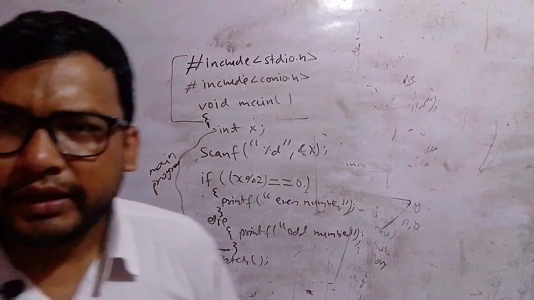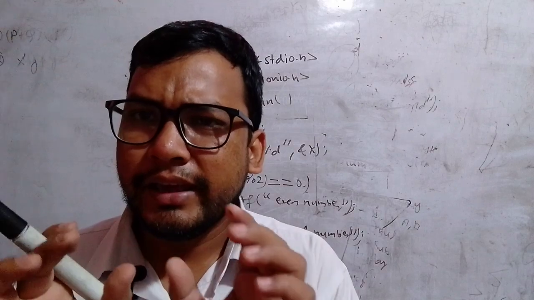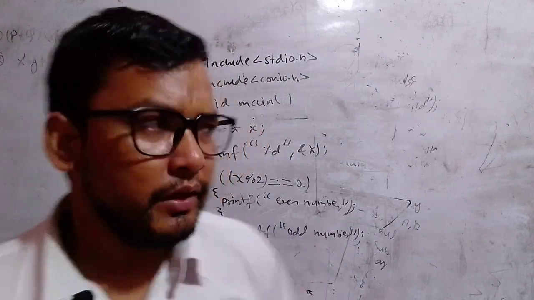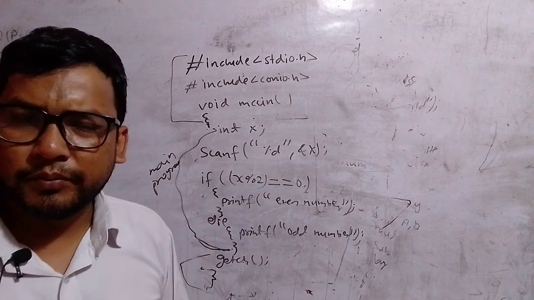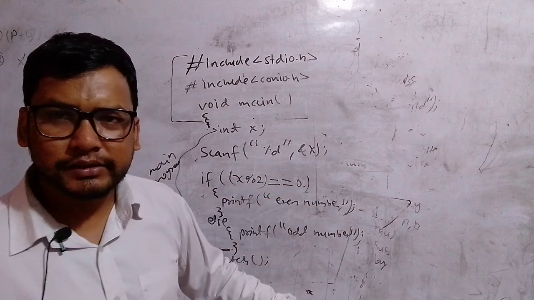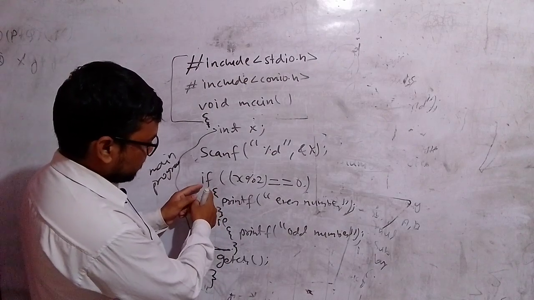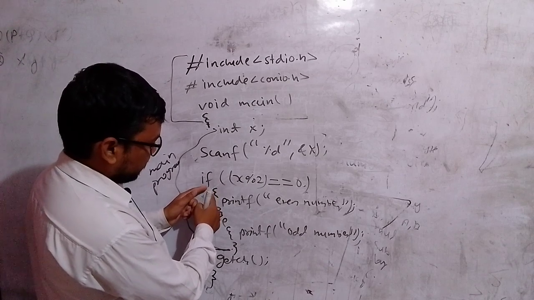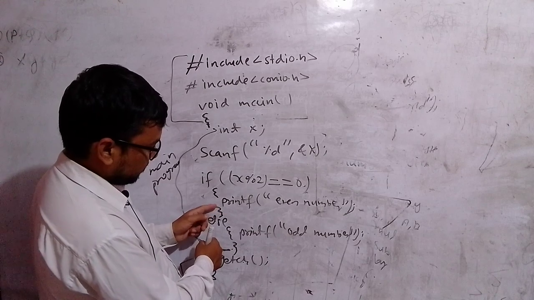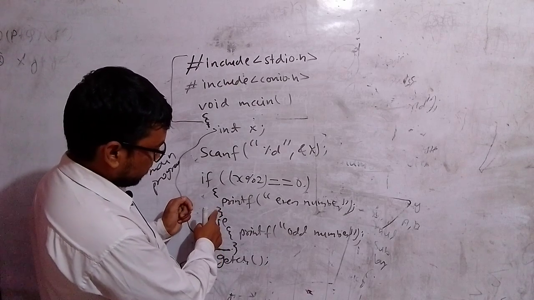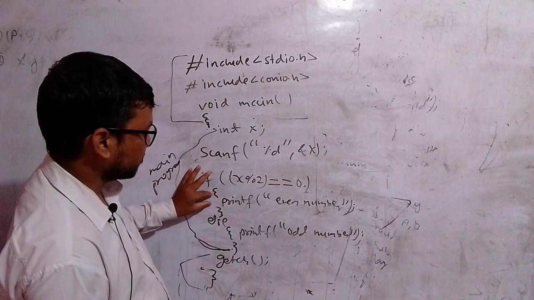If else, if contain a condition. If else is a selection function. If contains a condition, and if this condition is true, that means it is a valid condition, then the body following the if, between the open bracket and close bracket, executes.